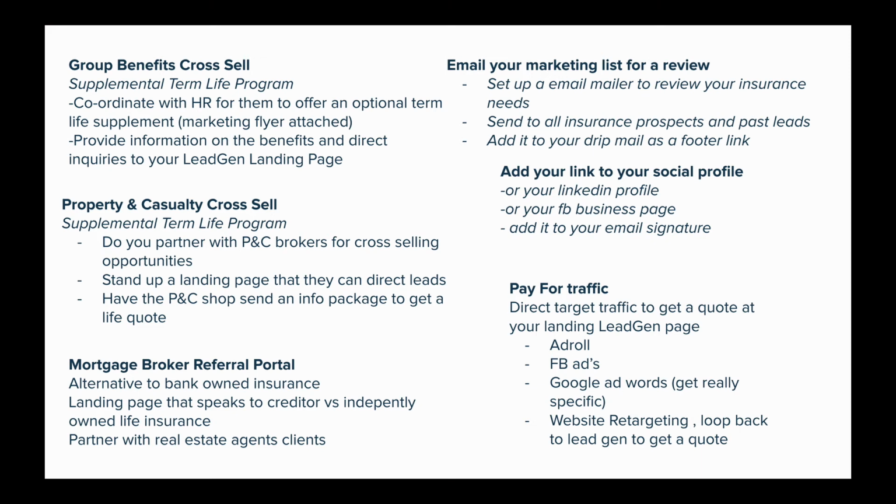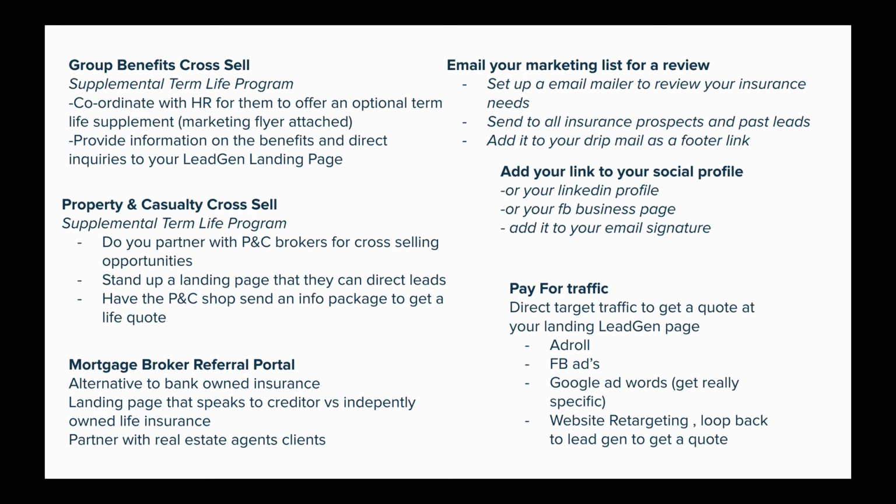Now, the same sort of idea could work in the property casualty business. Again, if you sold maybe car and home auto insurance, or maybe you do referrals with a P&C business, you can partner with them, and every time an opportunity comes up for life insurance, they may not have the capacity to fulfill them. This is when they would, again, send that lead to you.